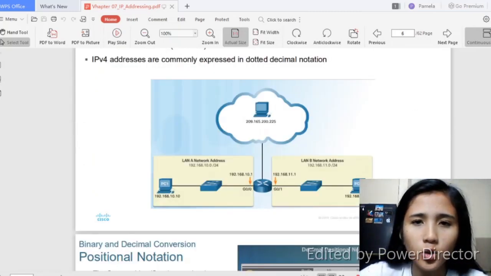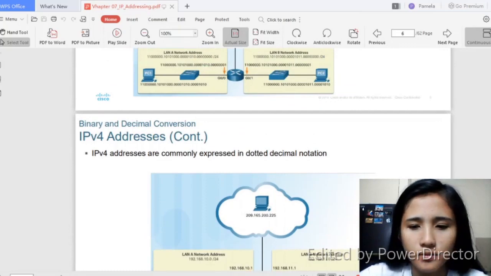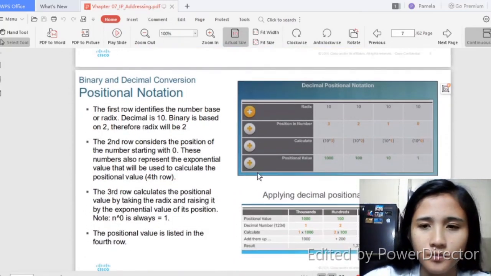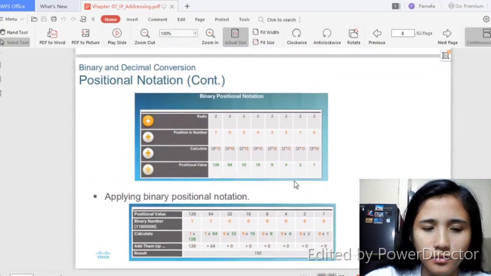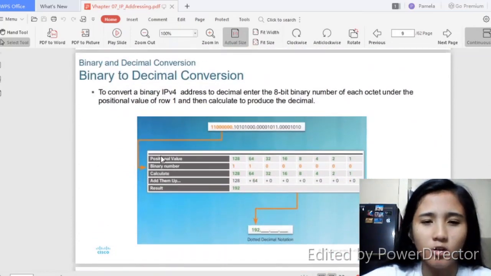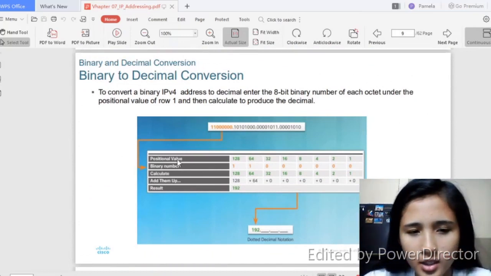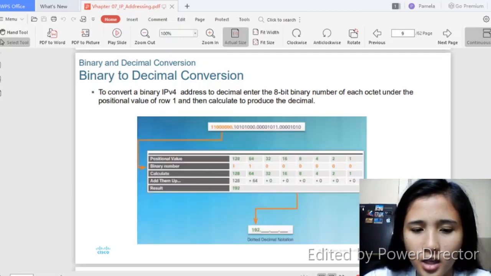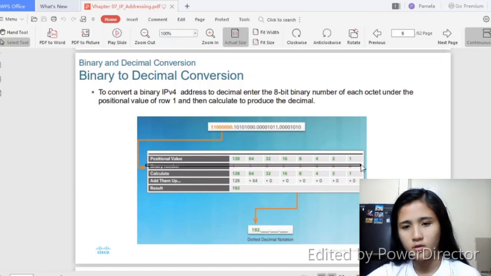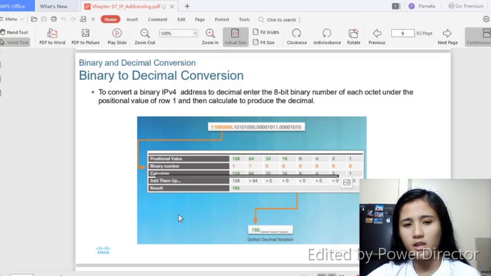So here we go to the converting. So let's do the conversion. This is the binary to decimal conversion. So this is the line of the positional value, then the binary number, then calculate, add them up, and then the result.